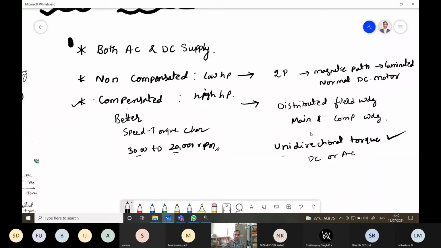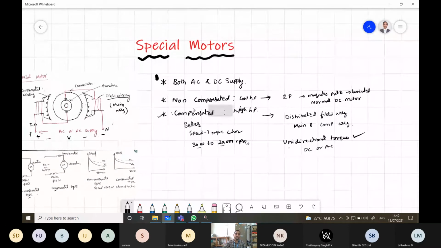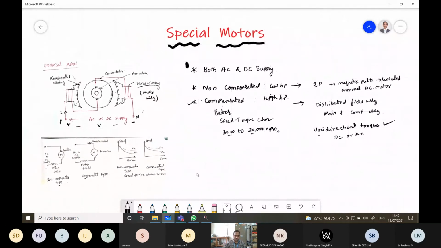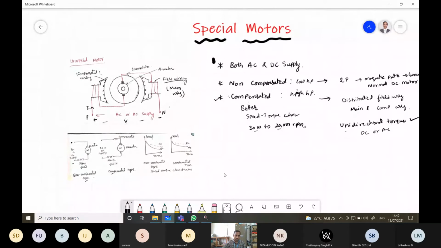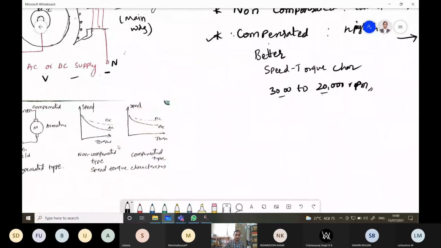And what are the applications of this? Does anybody know where the universal motors are used? So these are the characteristics of non-compensated type and compensated type.